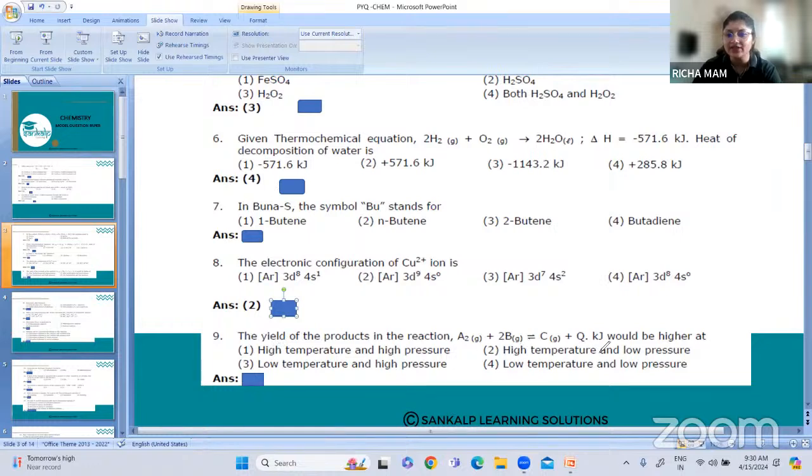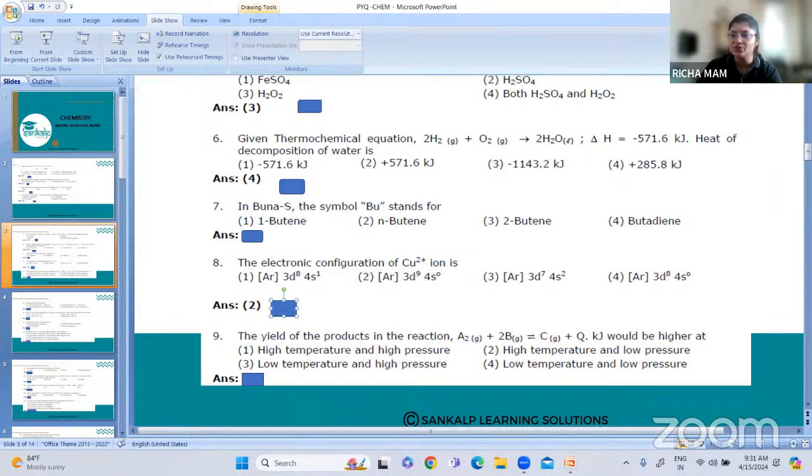The yield of the products in the reaction A2 plus 2B giving you C plus Q kilojoules would be higher at.